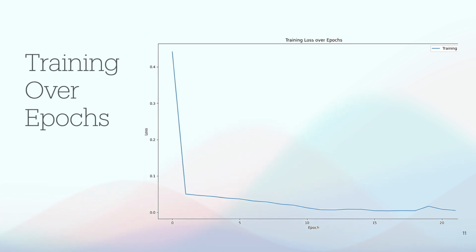What it effectively does is that when the loss starts increasing over epochs, as we see on the graph, the loss was very high in the earlier epochs, and then towards the 22nd, it actually reduces.